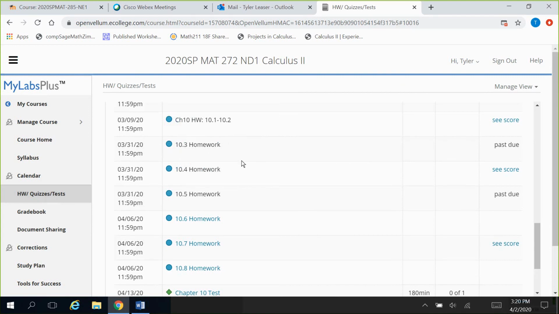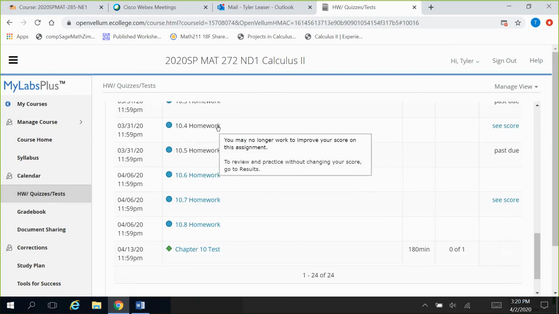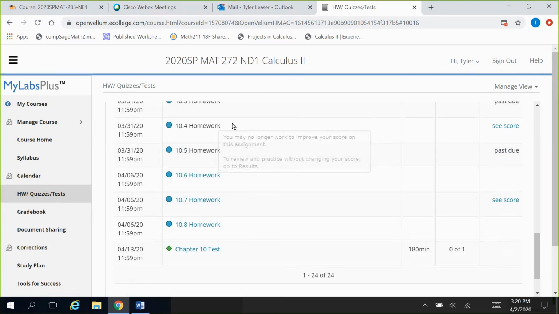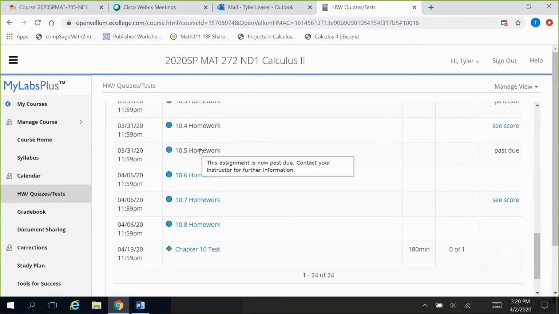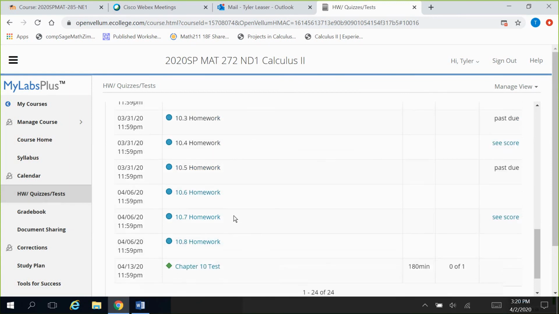In 10.4, there's not too much, that's the limit comparison test stuff. 10.5, the ratio test and the root test, you have a lot from alternating series, and then a lot from 7 and 8. But I wouldn't say it's as overwhelming as I made it out to be last time.